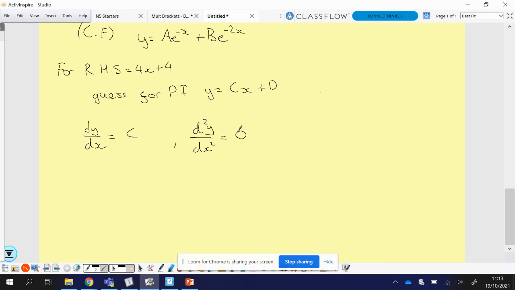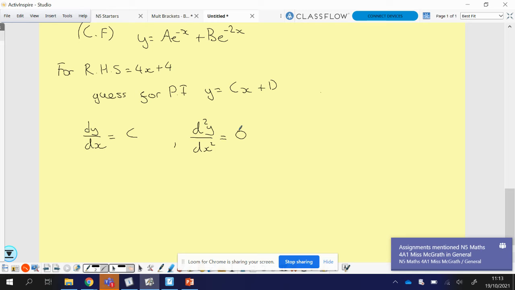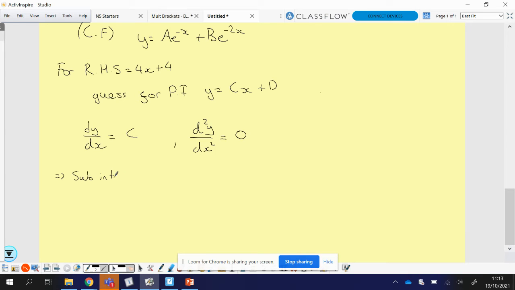So I'm going to substitute that back into my original equation. My original equation was d squared y by dx squared. That was the starting off bit. So therefore, sub into equation. I'm going to get 0. Then it was plus 3 lots of dy by dx. dy by dx is just c, so 3 lots of c. Then it was plus 2 lots of y. y is cx plus d.